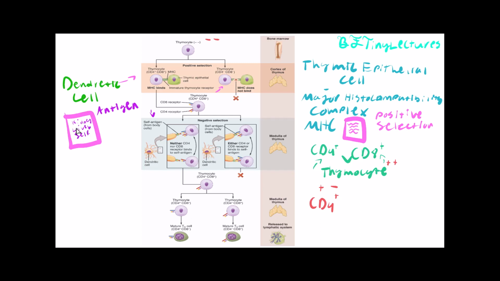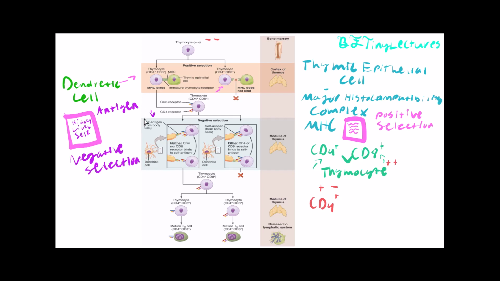If you choose to bind to these healthy cells, you're going to be kicked out of the class. And so we want to select for thymocytes that say, hey, I don't want to attack the kidney. I don't want to attack the liver. I don't want to attack this person's body. So that is called negative selection.